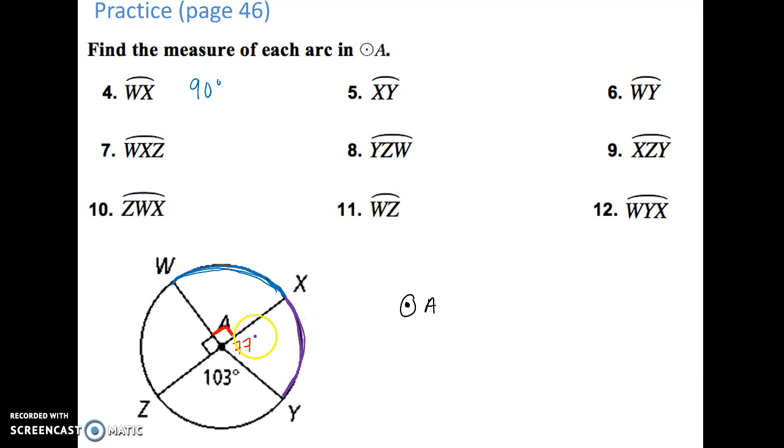The central angle of XY is that angle formed at the center, so the measure of arc XY would be 77 degrees. And if I look from W to Y, what would the measure of arc WY be? Look at the central angle that's formed. I would add 90 plus 77 degrees, which gives me 167 degrees for WY.